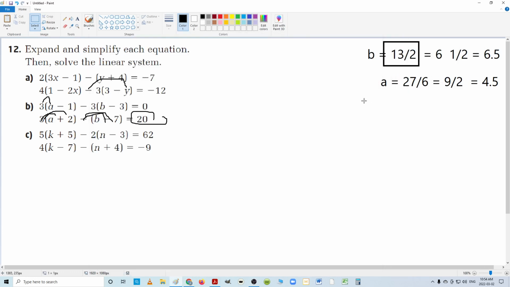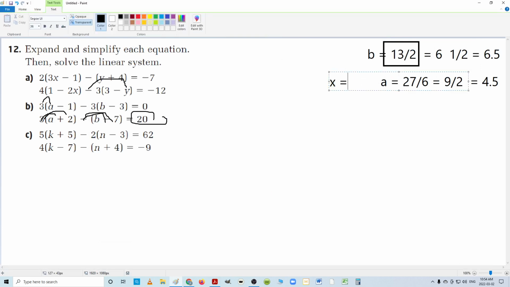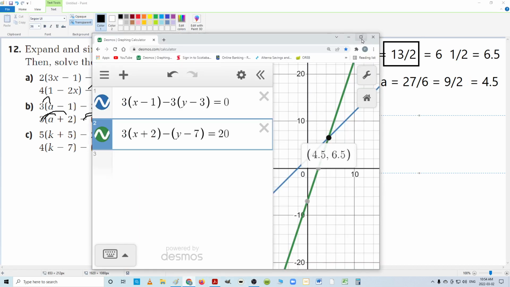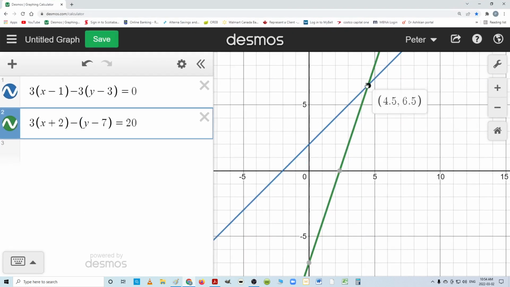And sure enough, because I made my x a and my y b, it's going to cross at 4.5 comma 6.5. And that means, because I put it in exactly as written, that I did my expansion correctly, because they do indeed cross at the point I found. And that's always nice to know that you did the expansion correctly.